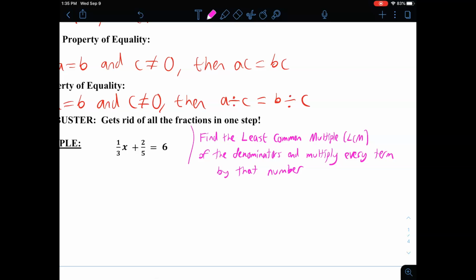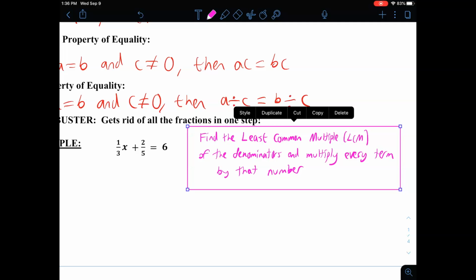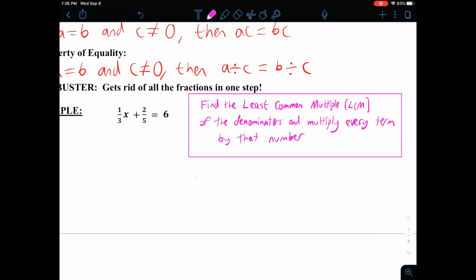So what are multiples? I'll give you a second to write that down real quick. Let's see if I can box this for us. Okay, what are multiples of numbers?